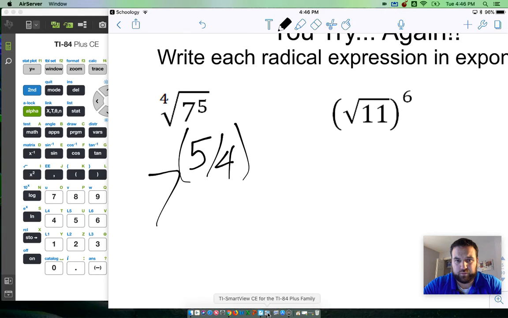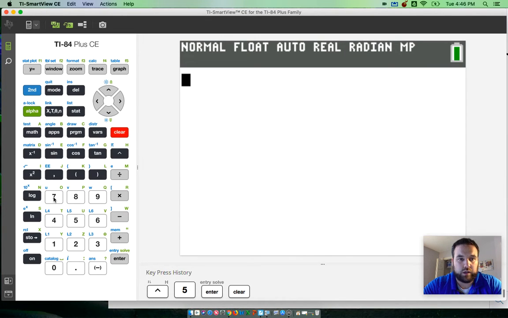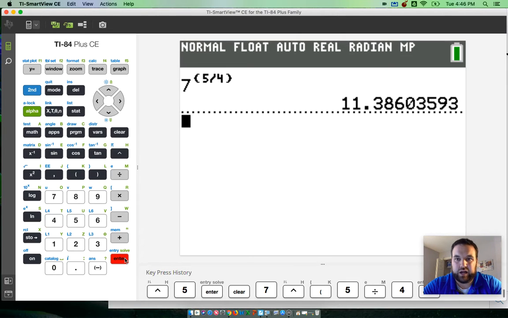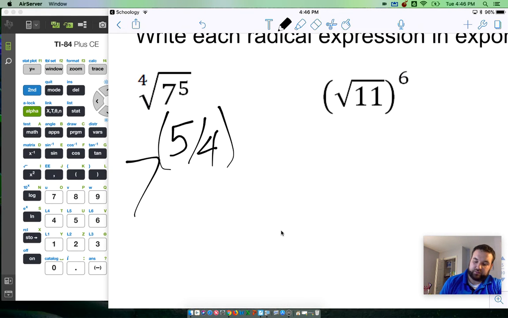I know the 4th root of 7 isn't a whole number, so I can try this just to get an idea of what the value is, but I'm not going to rewrite it as 11.38 rounded or anything like that. So we're going to leave it just like that.